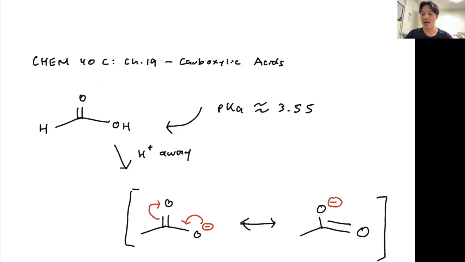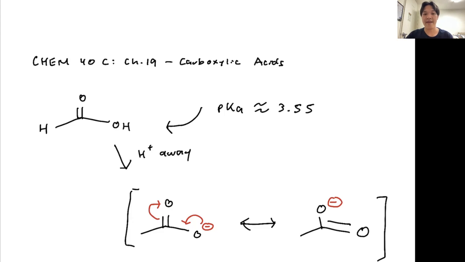So now we're just adding on to that, where now instead of a carbonyl compound with just a ketone or an aldehyde, we have this extra OH group. And that's going to allow us to do a lot more chemistry than just a ketone or an aldehyde, right? So, for example, carboxylic acids in the name suggests that they are acids, right?